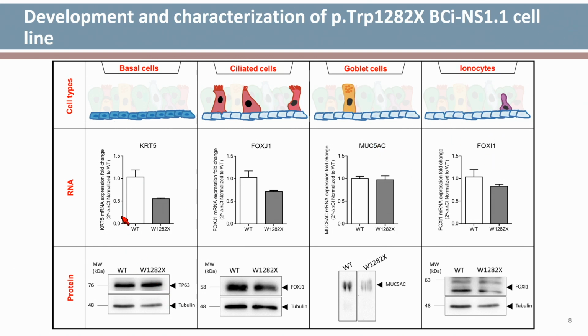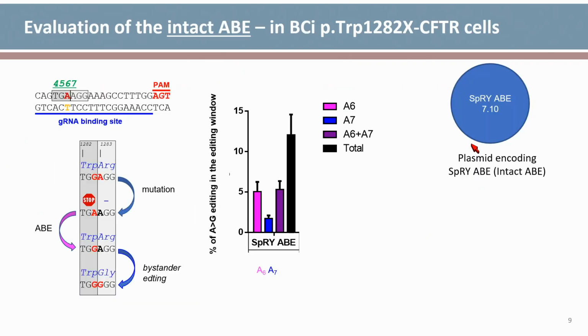We detected the levels of these markers, and we saw no significant changes in the novel mutant cell line compared to its wild-type counterpart, confirming that the new cell line retains the ability to differentiate into the different cell types. And then we tested adenine base editing in this cell line.